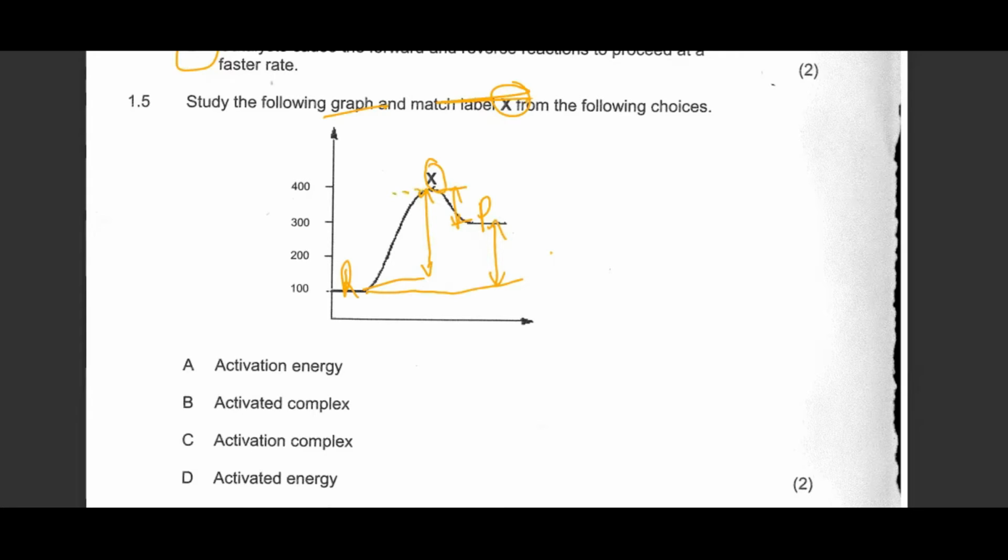If I draw a line touching the y-axis, what is this? This is a species, a complex, which is in transition. It is not yet products, and not yet reactants. Therefore we call it an activated complex, not activation, because activation is a condition.